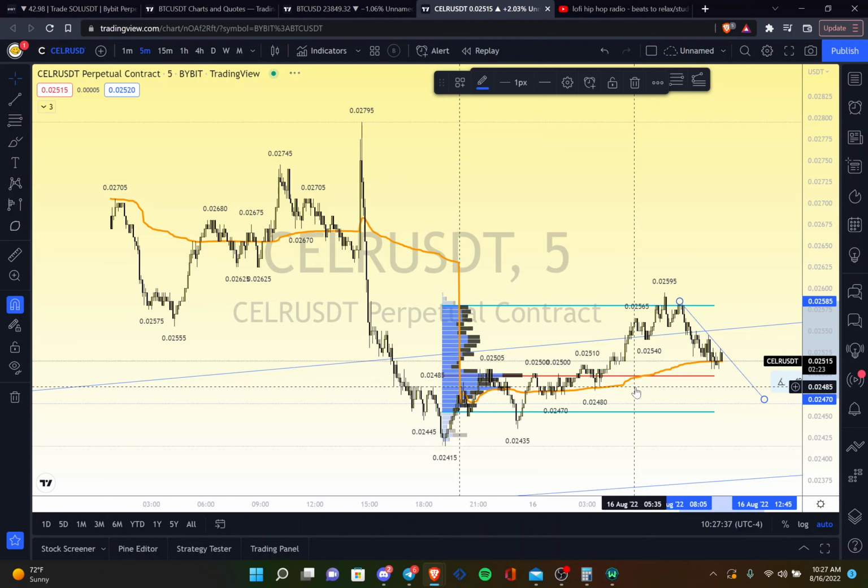I didn't draw it perfectly, which, depending on how long it takes, might correlate with this trend line down here. So we just have to wait and see how long this takes, if this happens. And if Bitcoin has a retracement, which is possible, back towards that 23.5 area, I don't know how much.